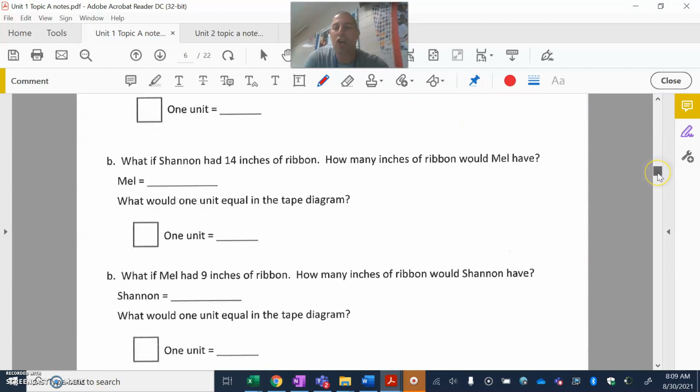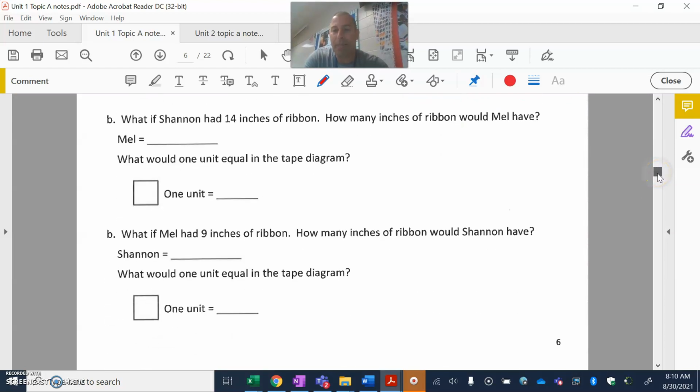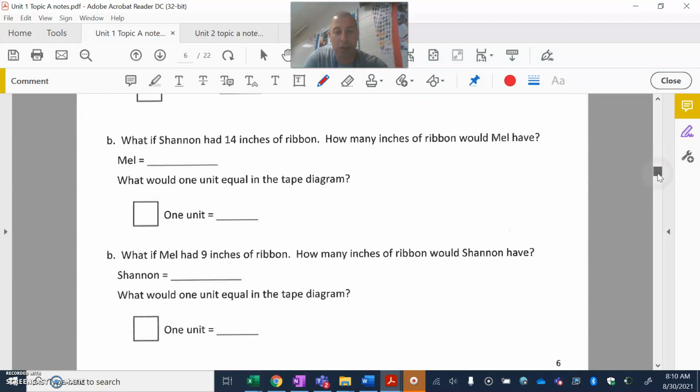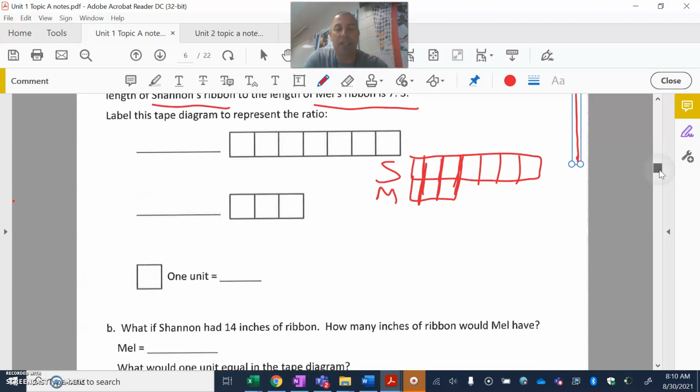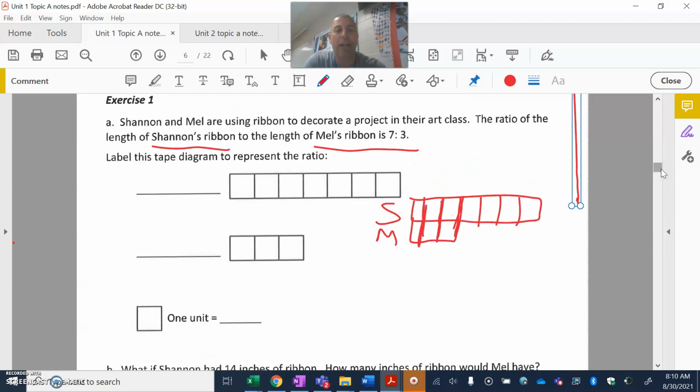It says now in part B here, what if Shannon had 14 inches of ribbon? How many inches of ribbon would Mel have? So Shannon has the 14. When I go to my picture, I'm going to put the 14 with Shannon. Now the goal of every single tape diagram is to figure out how much one box is worth.